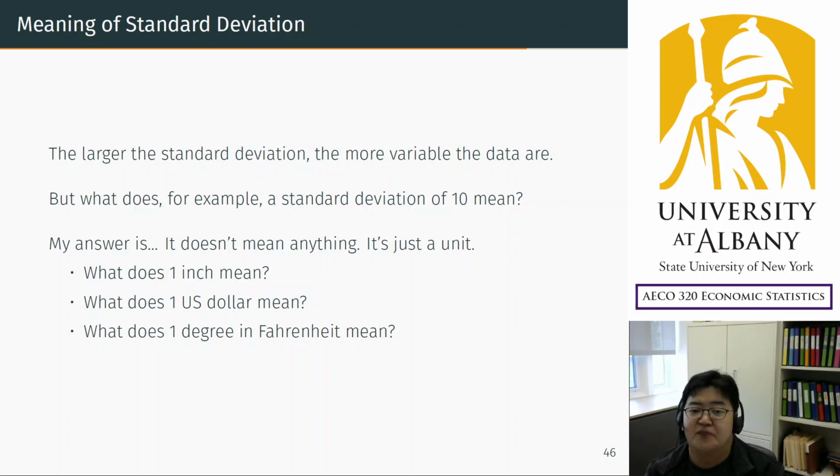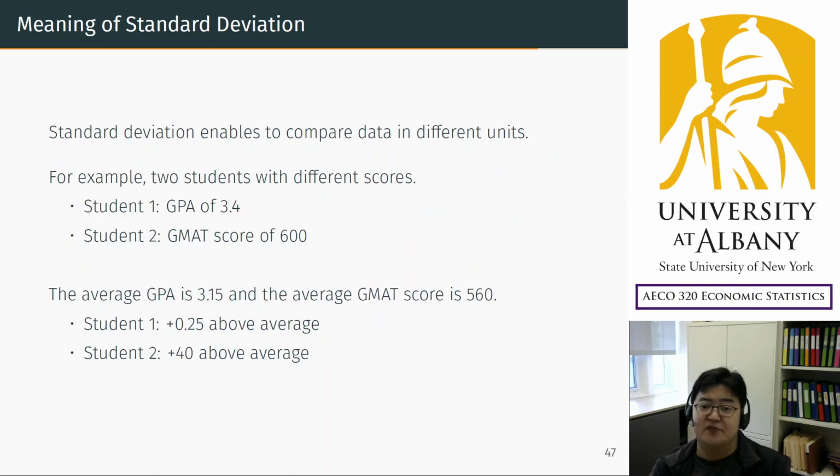That's a better way to describe the meaning of a standard deviation. So think about this example. Standard deviation provides units for data with different variability. For example, consider the case of an Academic Excellence Award.